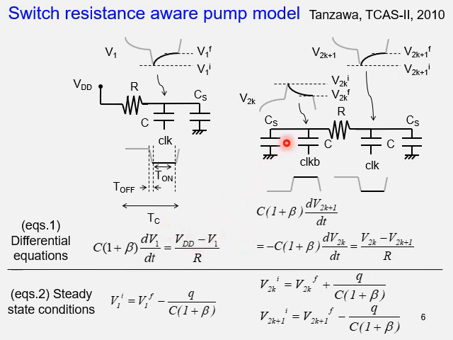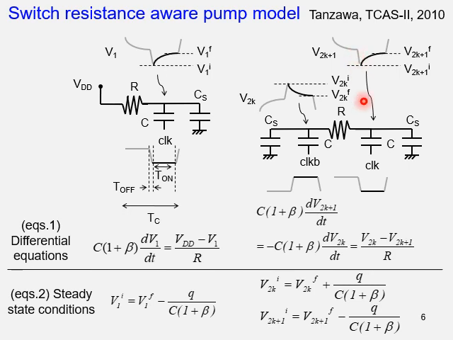And similarly, you would have intermediate adjacent two stages, and the charge transfer from, in this example, the 2K node to the 2K plus 1 node like this. At this point the clock edge increases this node voltage, then transfers to the next stage.